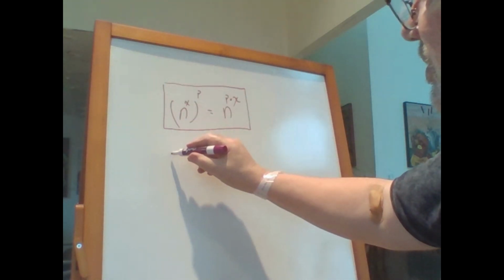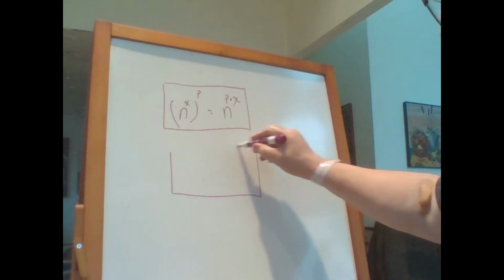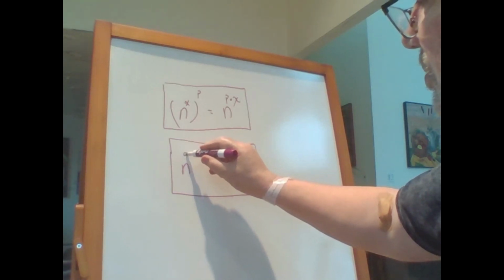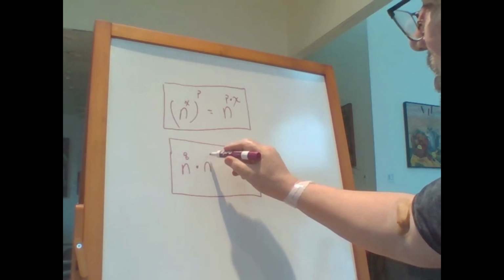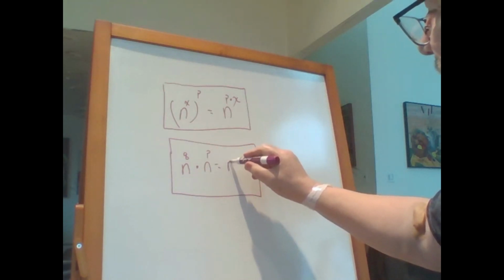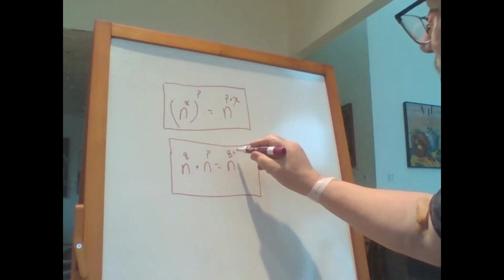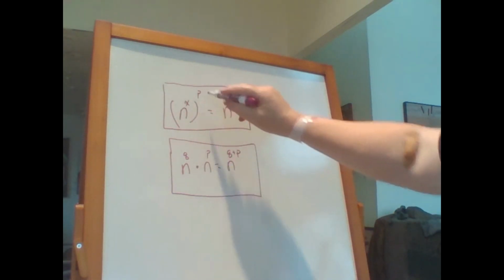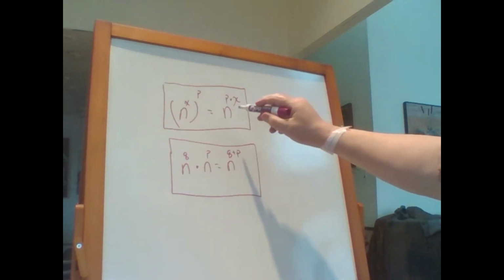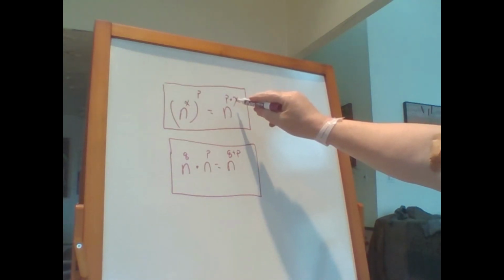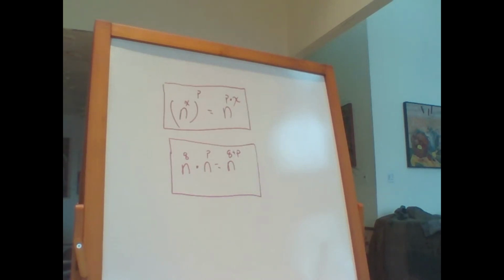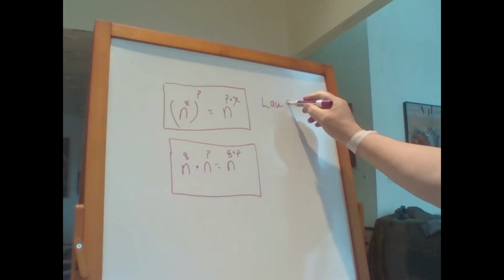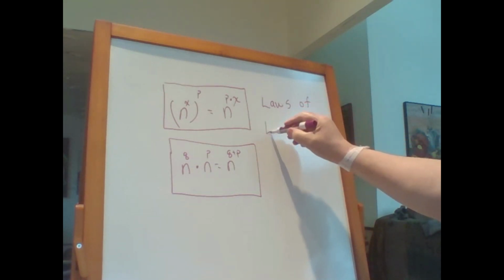We have this one, n to the q times n to the p is equal to n to the q plus p. And when we have n to the x raised to the p, we have n to the p times x. So we have two laws of exponents.